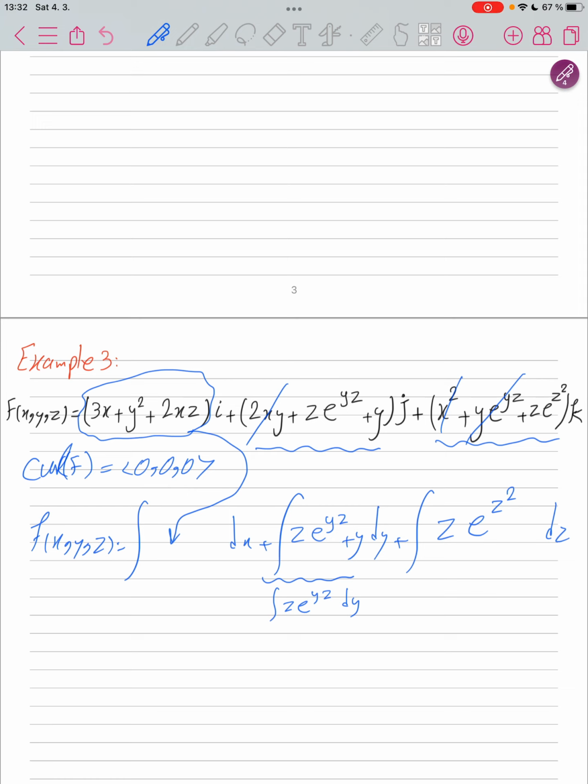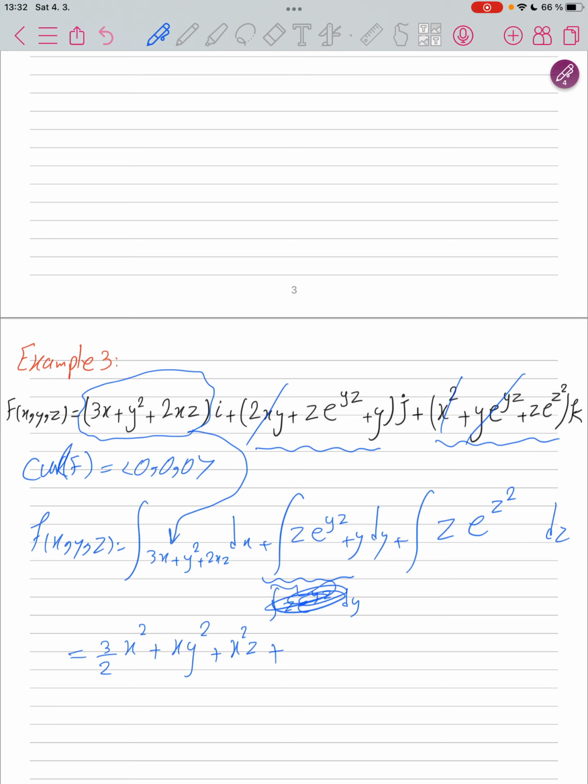But here for this integral of z e to the yz dy, let's just compute it. So here is going to be 3x plus y squared plus 2xz. Here is going to be 3 over 2 x squared plus x y squared plus x squared z. This is for the first one.